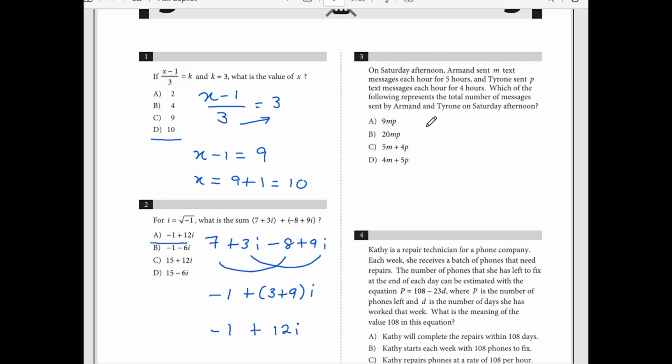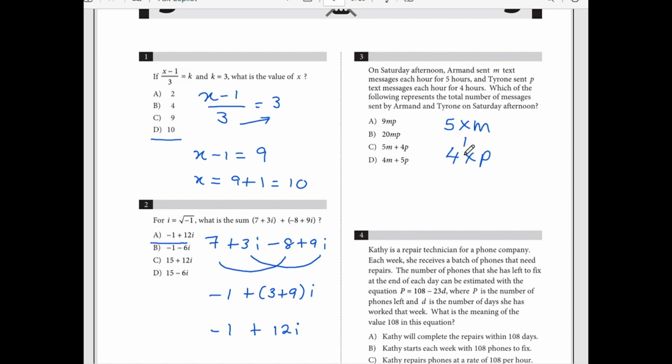Third one, Saturday afternoon, Aman sent M text messages each hour for 5 hours. So for 1 hour he sent M text messages, then for 5 hours he sends 5 into M. And Tyron sent P text messages per hour, then he sends totally 4 into P messages.